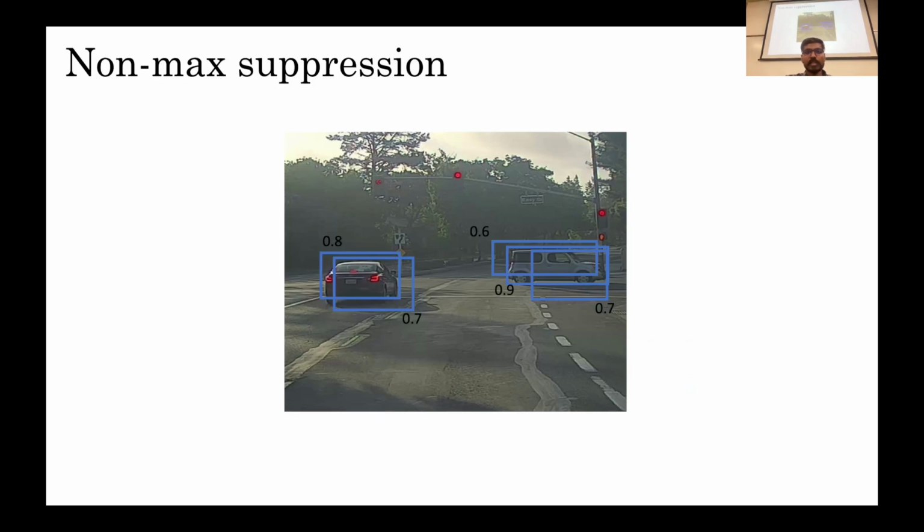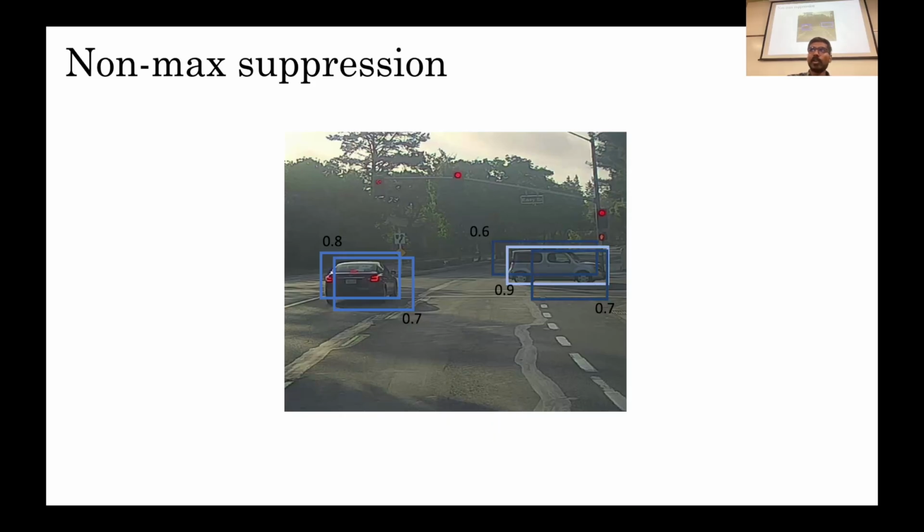So let us say these are your predictions. For the right hand side object, we see there are 3 bounding boxes with different probabilities 0.6, 0.7 and 0.9. We see that the 0.9 probability bounding box is covering the object in the best possible way. So what we can do is we compute the intersection over union of this box with all the boxes which are present in the image.